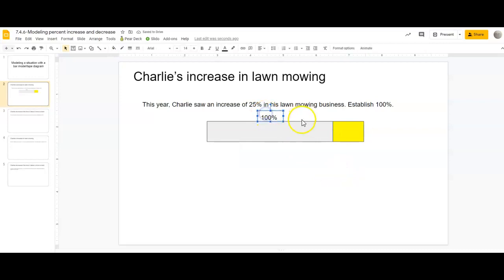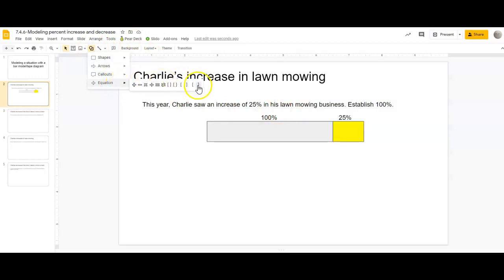I'm going to use copy paste a lot because it's easier, and I'm going to call this 25%. Now, this whole piece represents 125%.